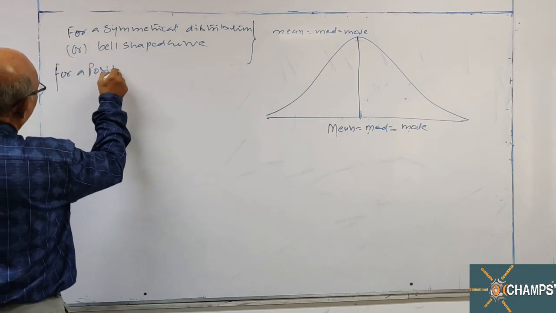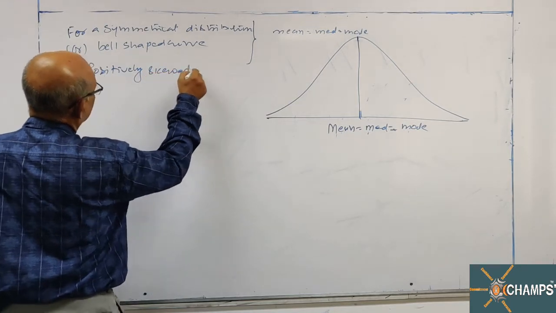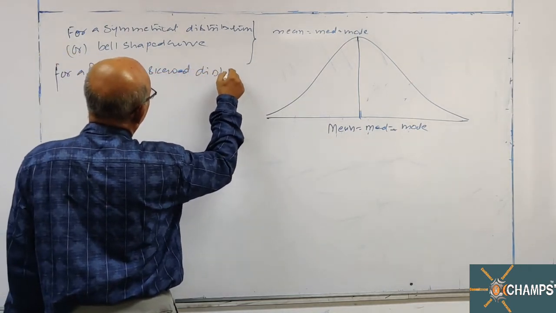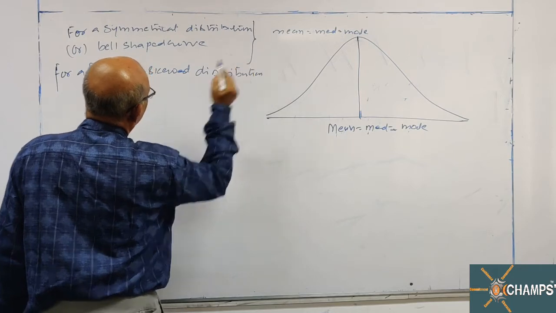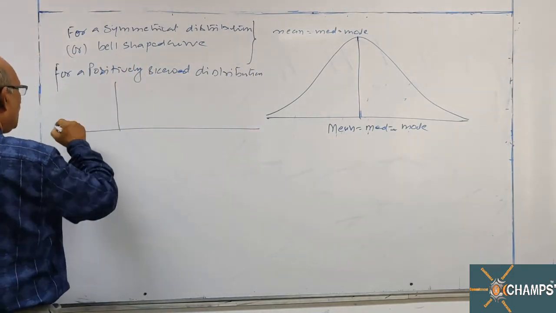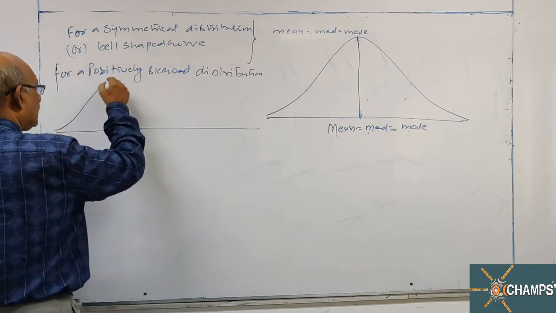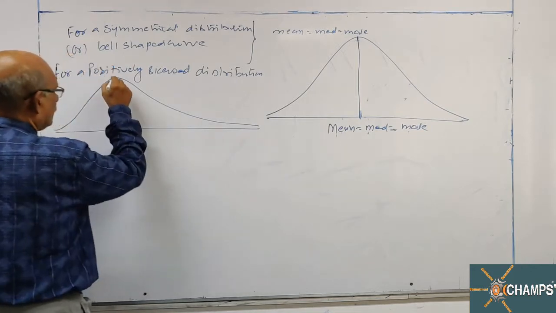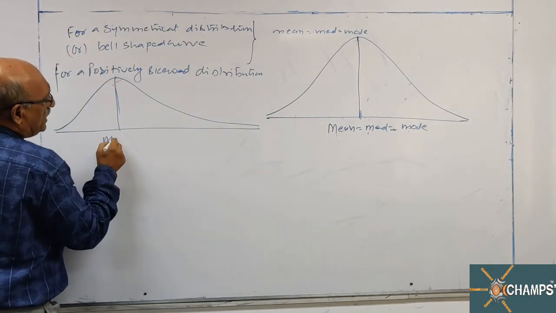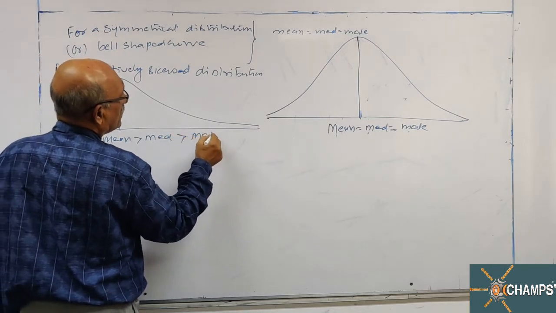For a positively skewed distribution, positively skewed means more area on the right hand side. Maximum frequency is at the beginning. Mean is greater than median, median is greater than mode.